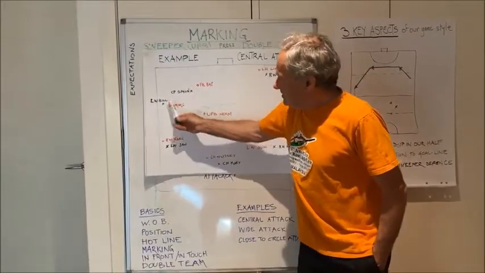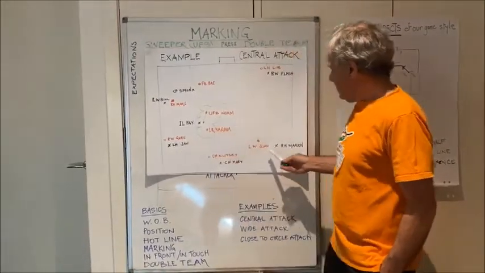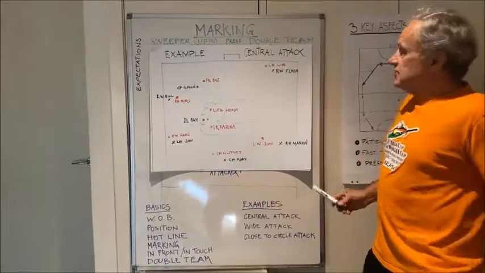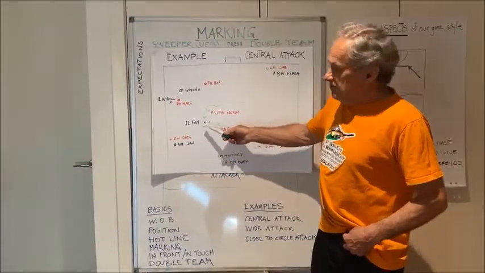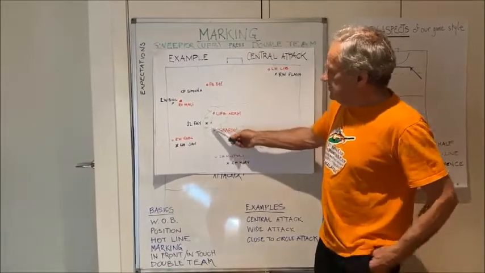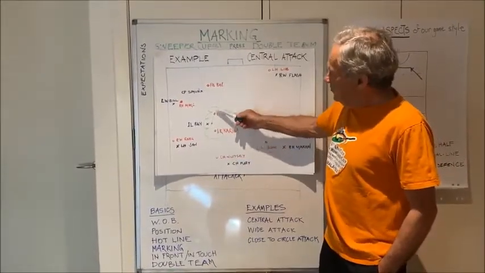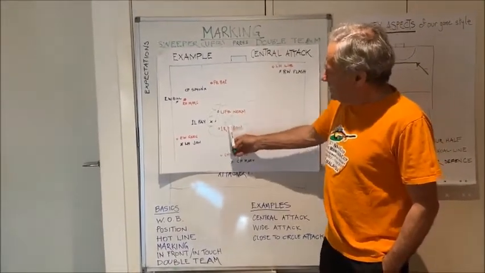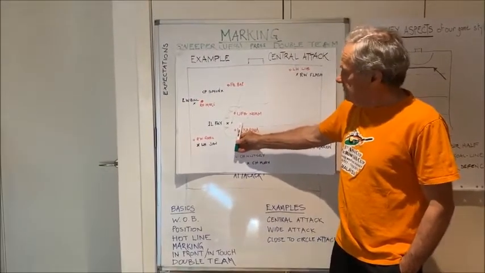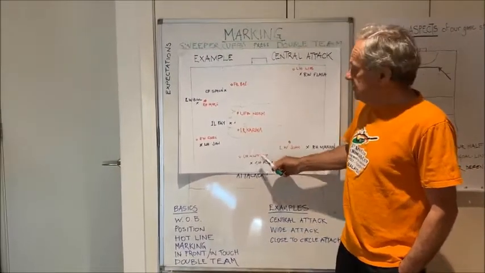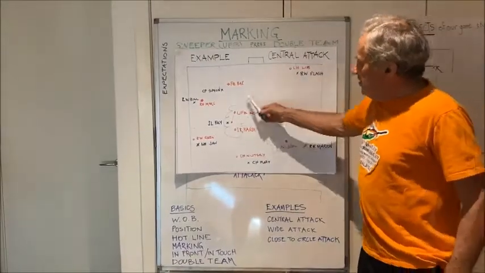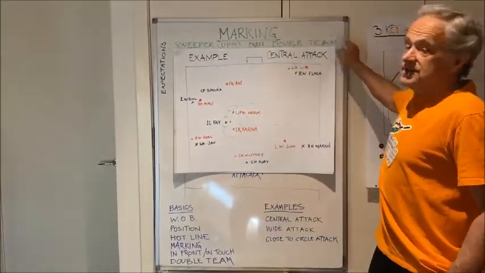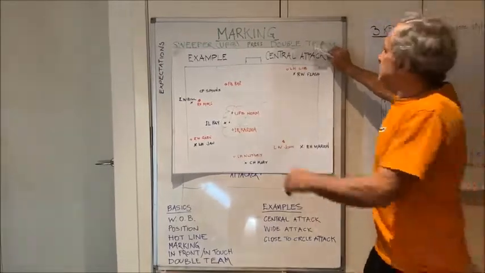Everywhere else, we've marked up the opposition. Faye's drifting down the field, Karina's in chase of her, Norm steps up, Karina comes in and corrals Faye into Norm's trap, and we get the ball. So that's one example of double teaming. Let's look at another one.